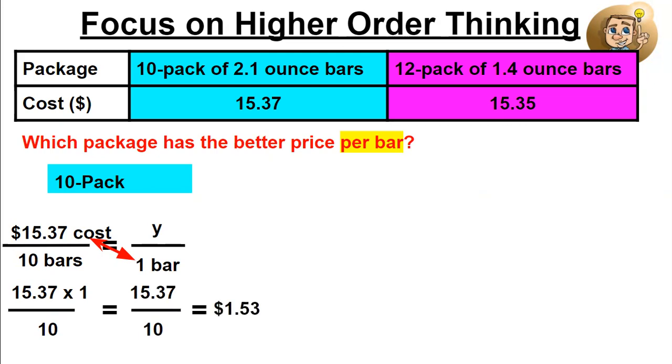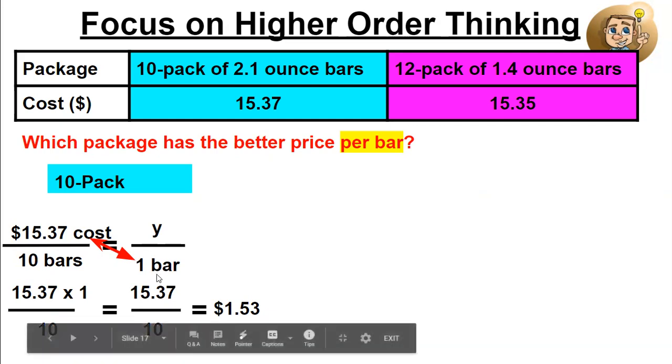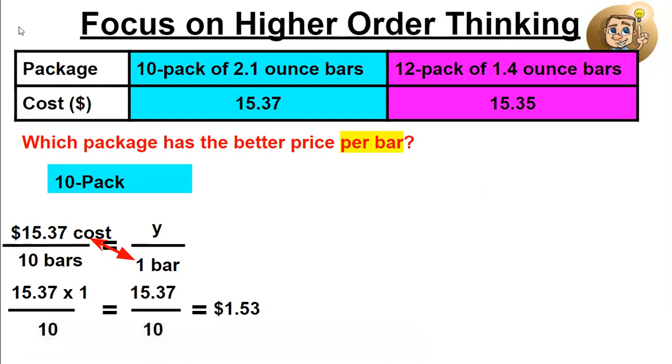You can do that with your calculator, or you can know that whenever you divide by 10, you move your decimal 1 place to the left. So I move the decimal 1 place to the left, and for the first box, the blue box, each bar costs $1.53.